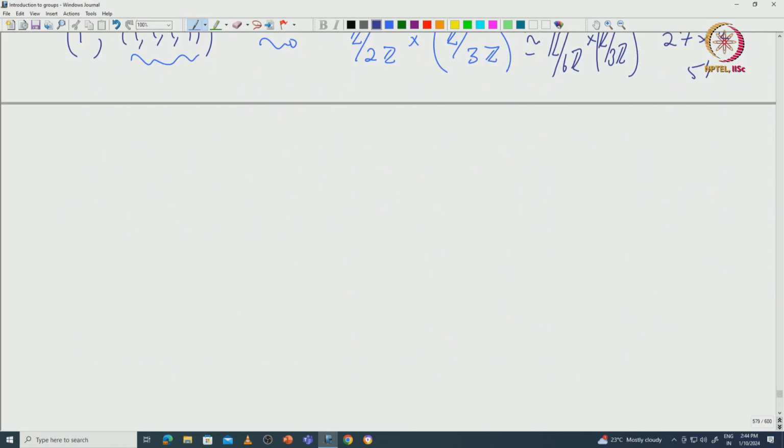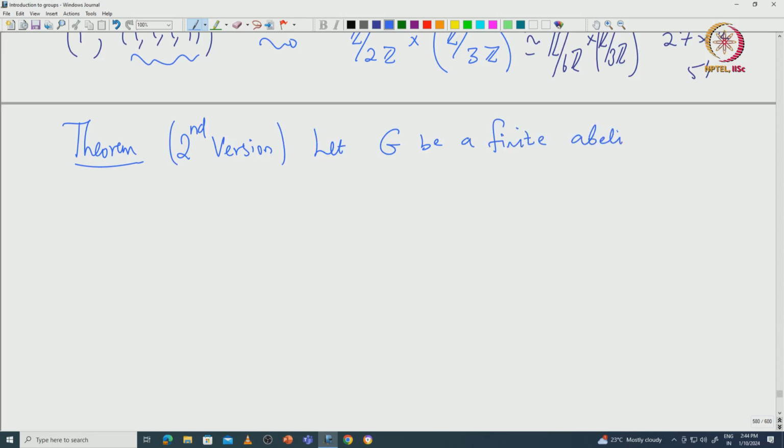So we are now ready to state the second version of the structure theorem. Here is the second version. As before, let G be a finite abelian group.